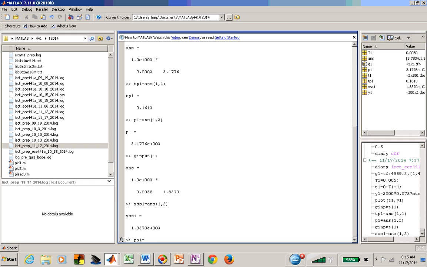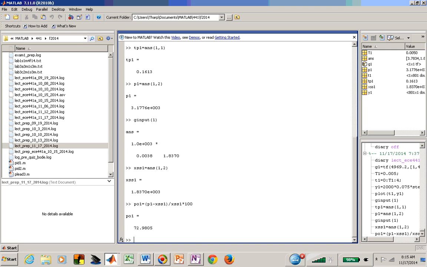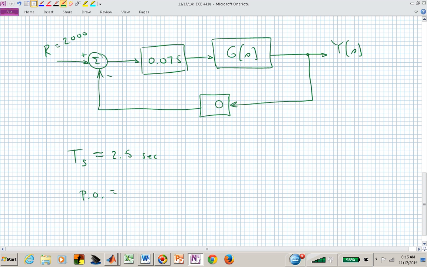P1 minus XSS1. So about a 73% overshoot was what we had in that particular system, and a settling time, let's say, of about 2.5 seconds.